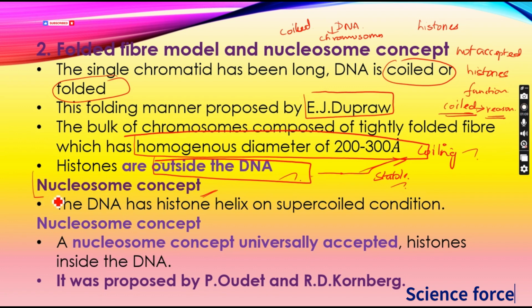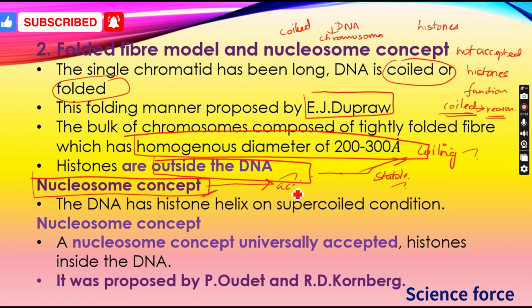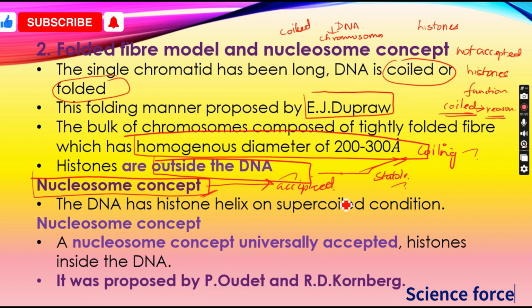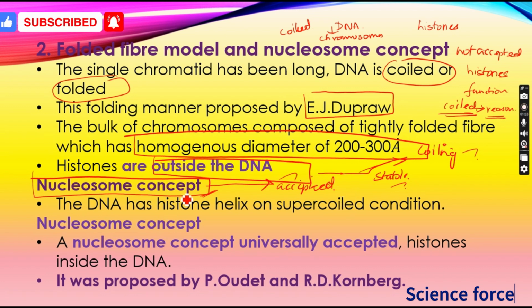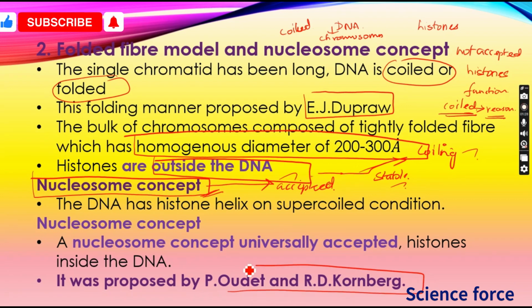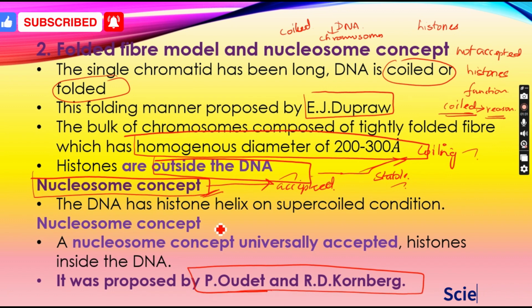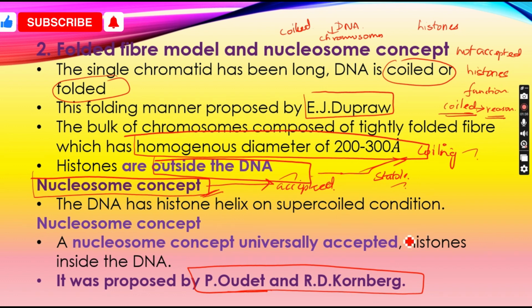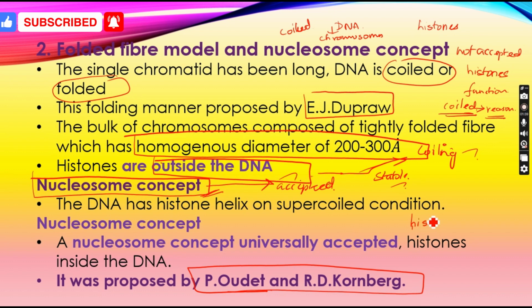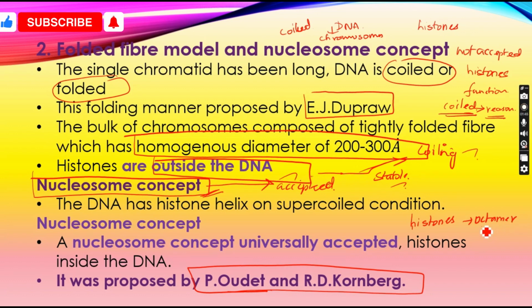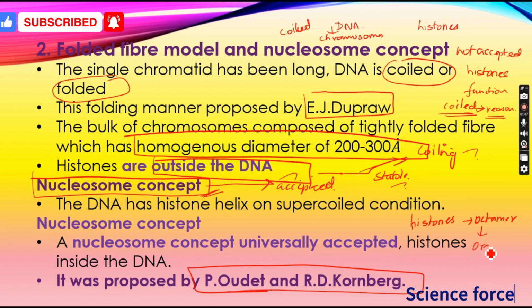Then the nucleosome concept was proposed, which is the accepted model of organization of the chromosome, the organization of the gene. It was proposed by Audit and Kornberg. It is accepted because they explained that histones are found as an octamer inside, which starts the organization of the DNA.